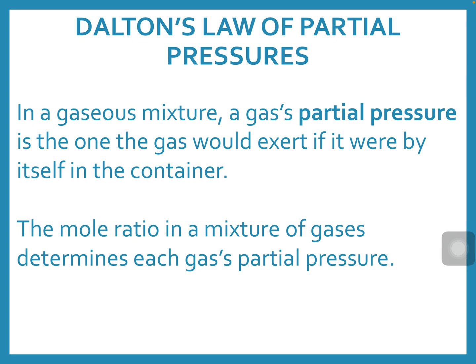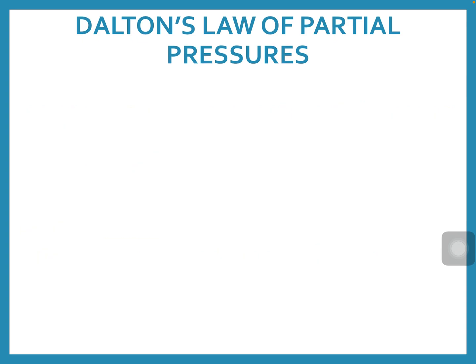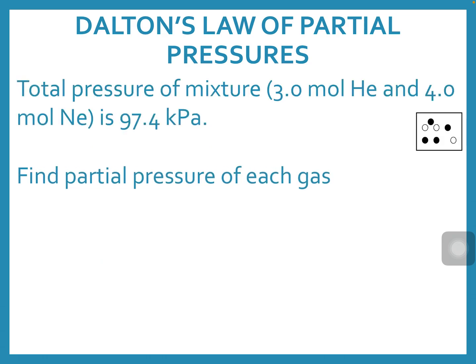Now the mole ratio in the mixture of gases is going to determine the gas's partial pressure. So if I have twice the amount of oxygen as I do carbon dioxide, then oxygen would exert twice the amount of pressure that carbon dioxide would. So the total pressure of a mixture here is 97.4 kilopascals.